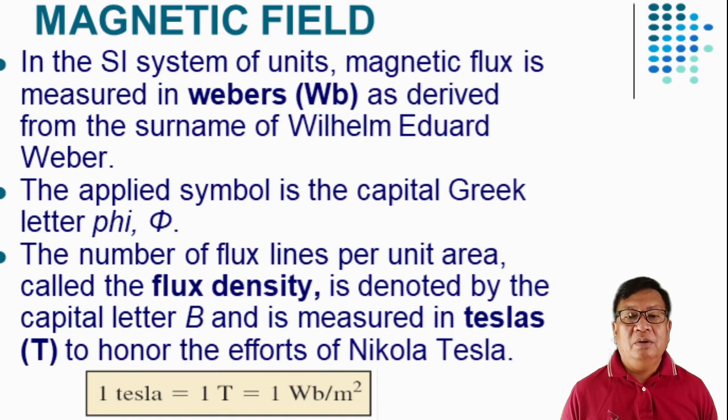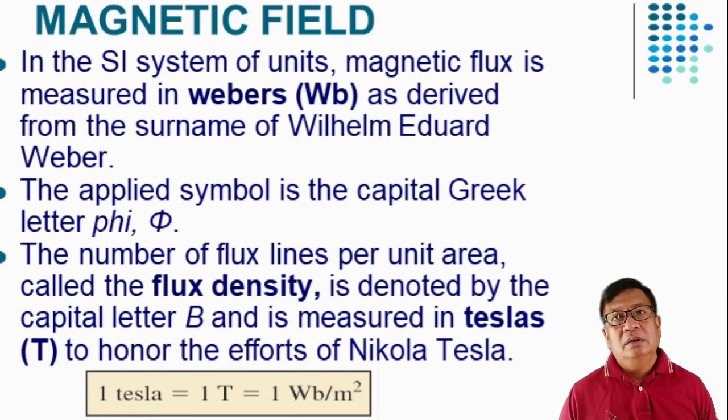Okay. So mayroon din po tayong tinatawag na flux density, sabi ko po kanina, and that is the product of the area, okay, the area and the number of fluxes, no? The cross-sectional area times the fluxes. Ito po yung conversion niya. By the way, the unit of that flux density is Tesla.